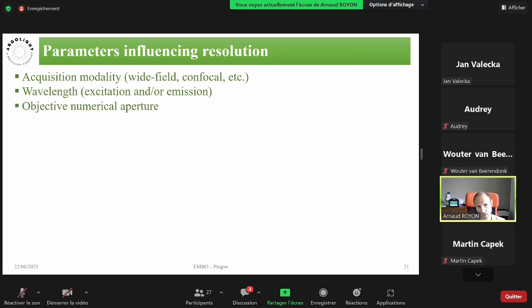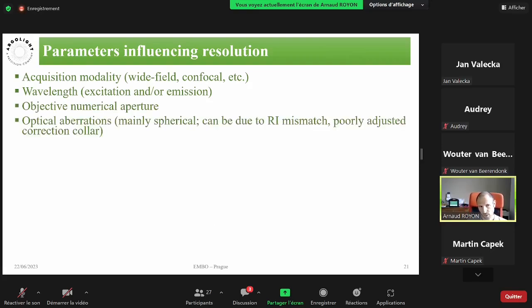And of course, the objective numerical aperture. You have the optical aberrations as well that affect the resolution. Mainly the spherical aberration, and this aberration can be due to refractive index mismatch or, for example, from a poorly adjusted correction collar.